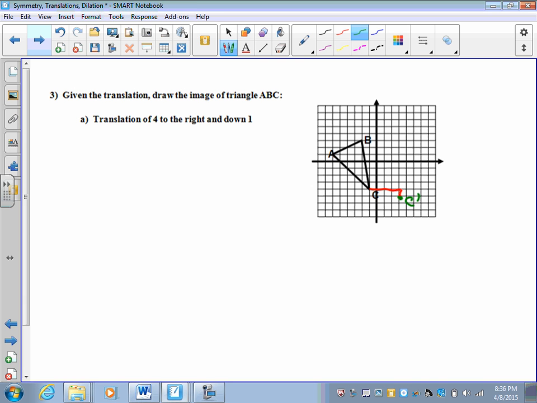Then B, we're going to go to the right 4 and down 1, and we're going to call this B prime. A, we're going to go to the right 4 and down 1, and we're going to call that A prime. And then connect A prime to B prime, A prime to C prime, and B prime to C prime. And that is my translation.